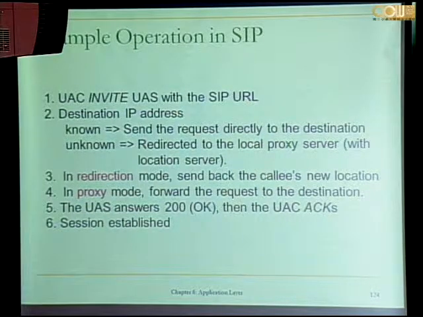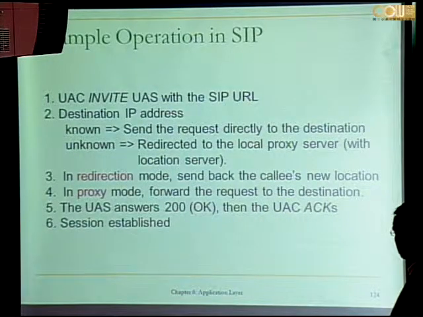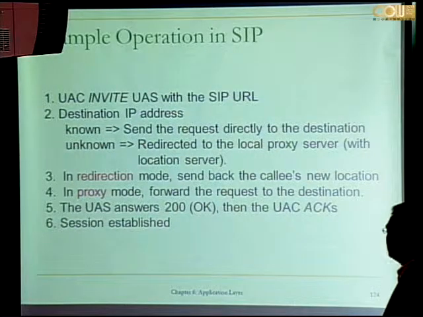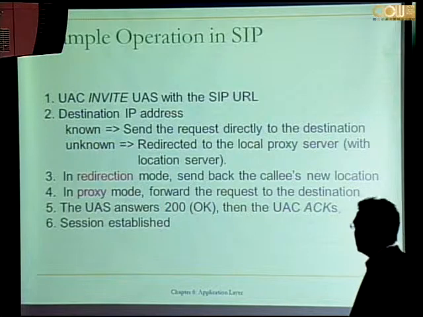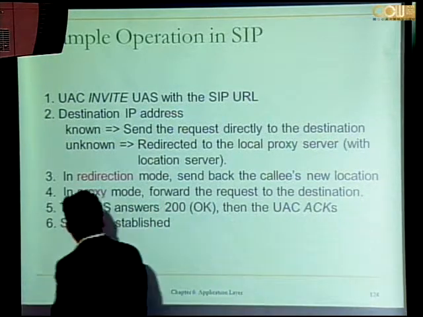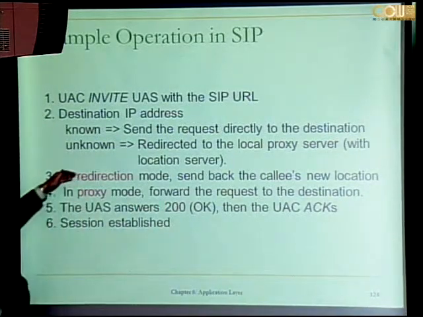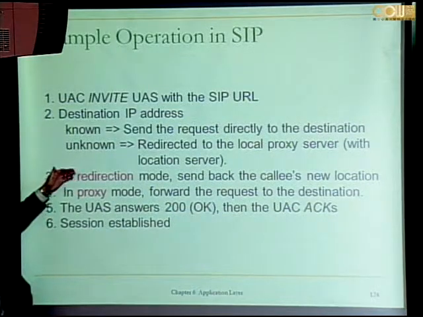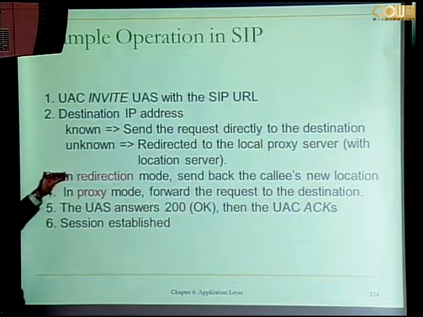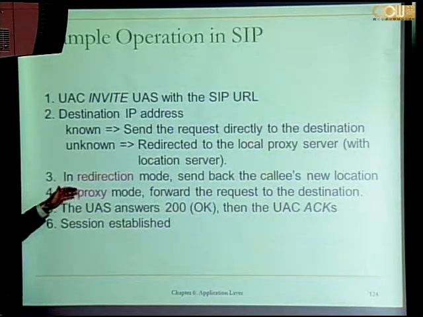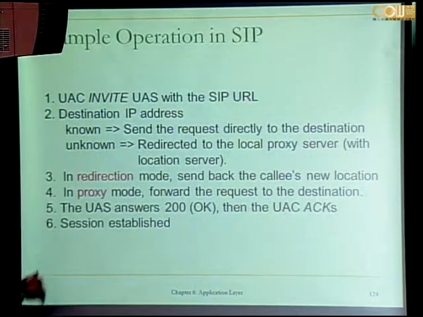Or you could be redirected in the redirection mode. The redirection server will send back the callee's new location. So either redirected or proxied, meaning the callee has been notified of the new address, or not notified but directly forwarded by the proxy.